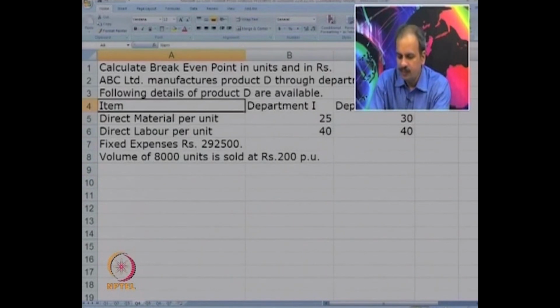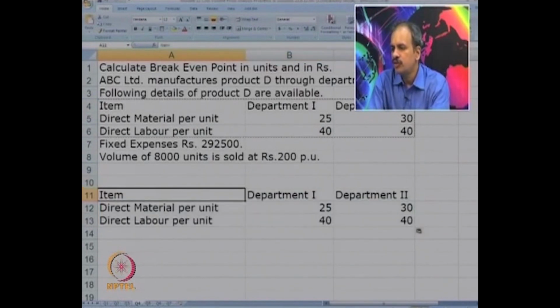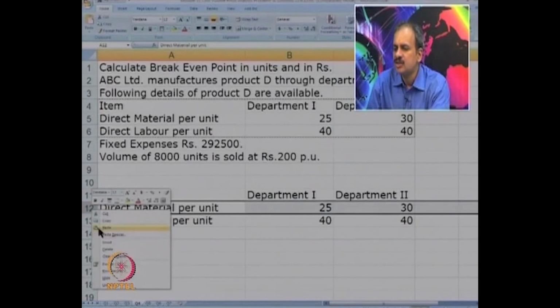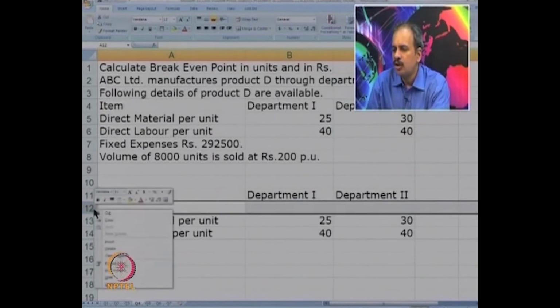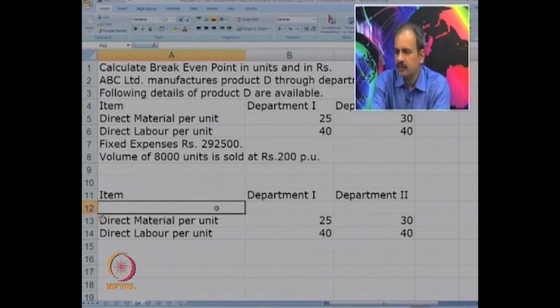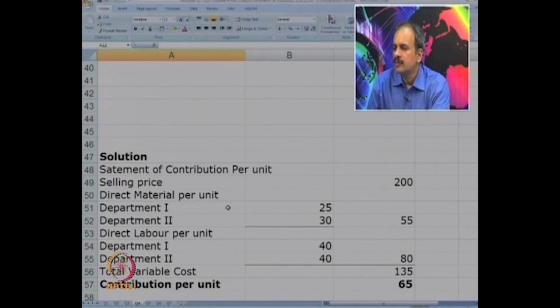So first step you all know now is we must calculate the contribution margin. So for department 1 and 2, the information given currently is on variable cost. So I'll just go down to the solution because we can immediately understand it faster.